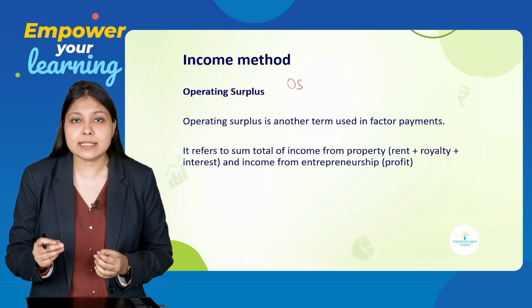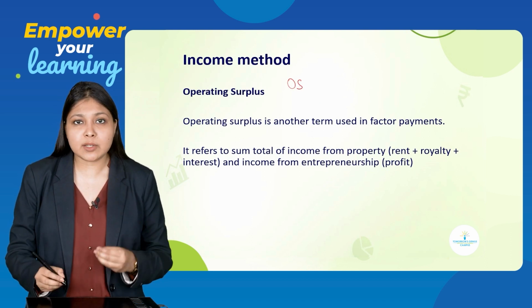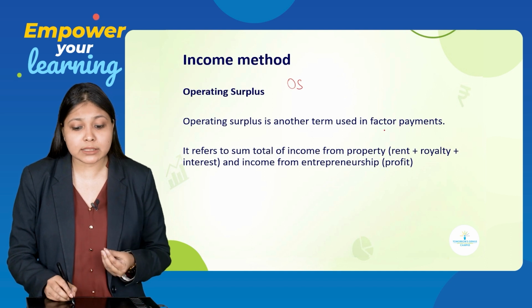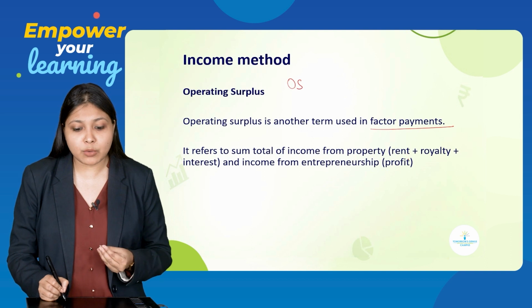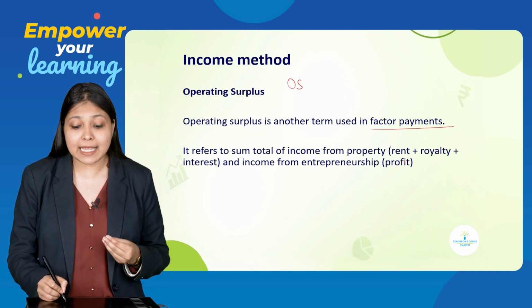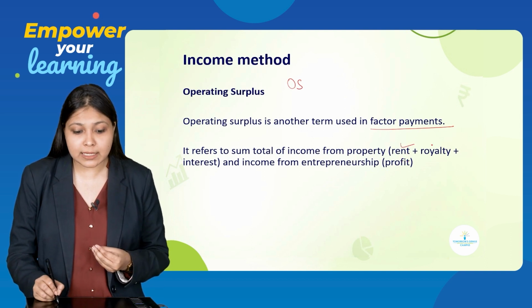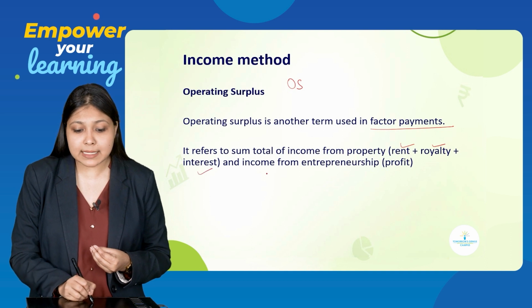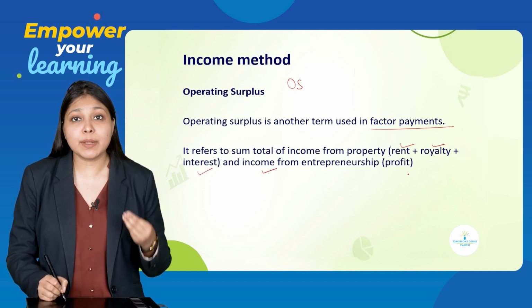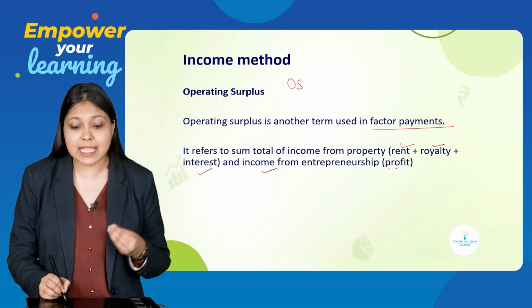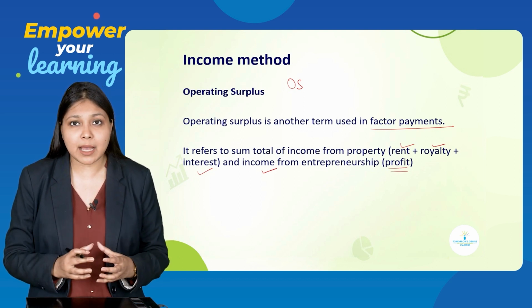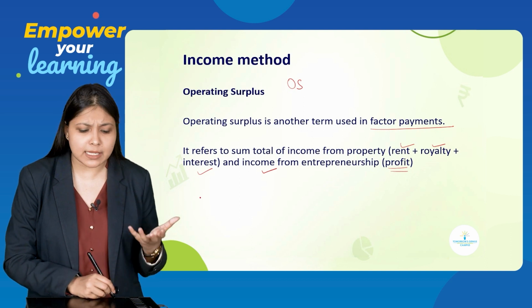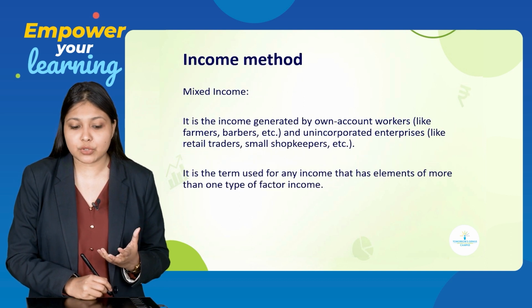Operating surplus is the other term used in factor payments. It refers to the sum total of income from property, like rent plus royalty plus interest, plus profit. When these components are summed up, we get operating surplus in very simple language.